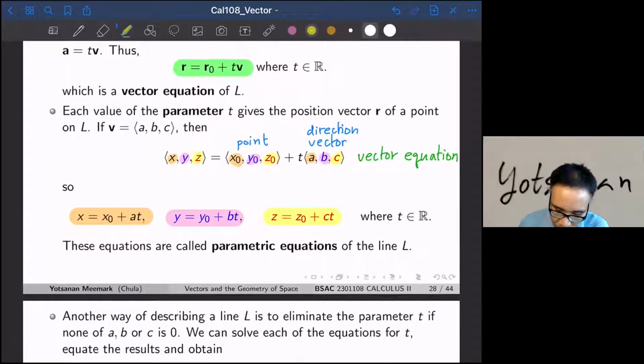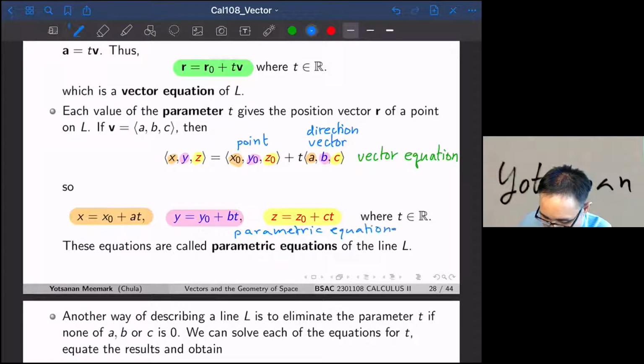These equations are called the parametric equations of the line L. This one is called the vector equation, and this one is called the parametric equations. We have the plural here because you have three equations.